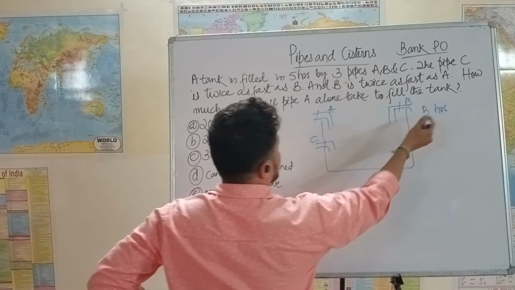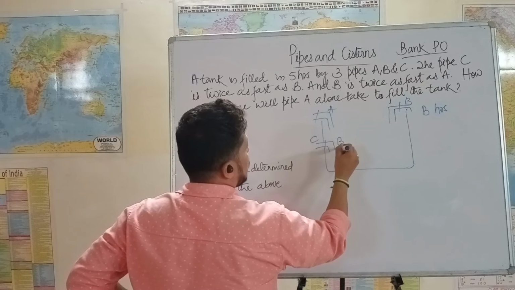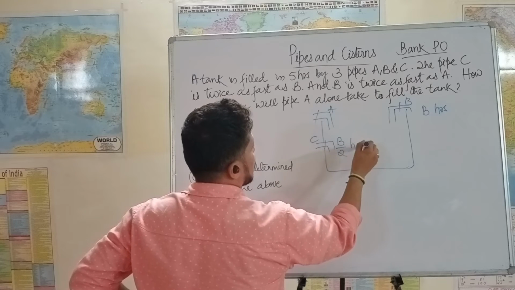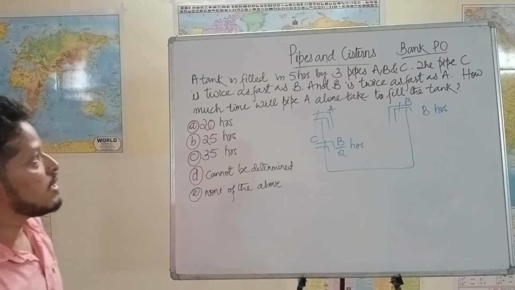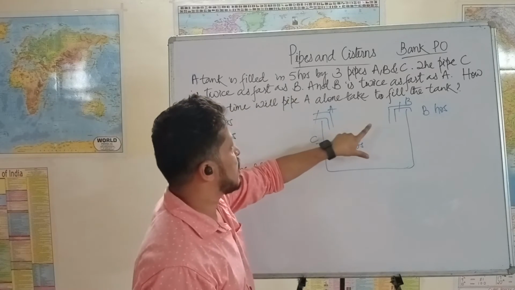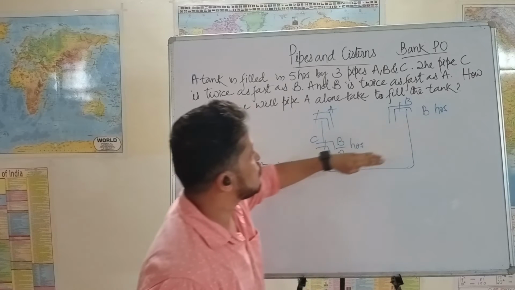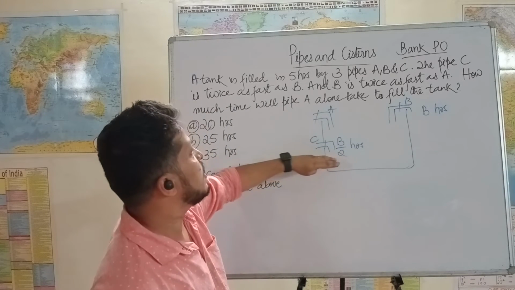If it's twice as fast, then it should take less time, right? So let's say this takes B by 2 hours. Correct? Clear? Pipe C is twice as fast as B. If this takes B hours, then it should take half the time. Then only it's fast, right?